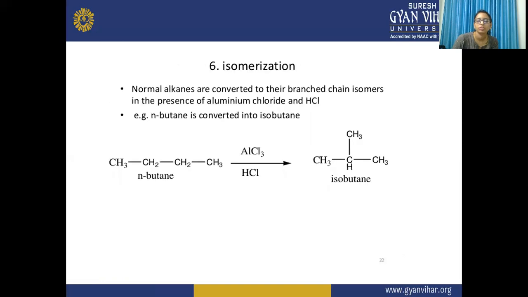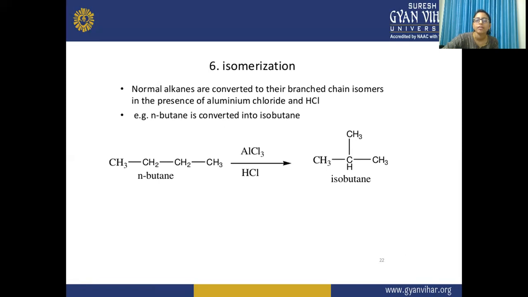Next is isomerization. So in isomerization, normal alkanes are converted to their branched chain isomers in the presence of aluminum chloride and HCl. So here isomers are the compounds that have the same molecular formula, but their structures are different.